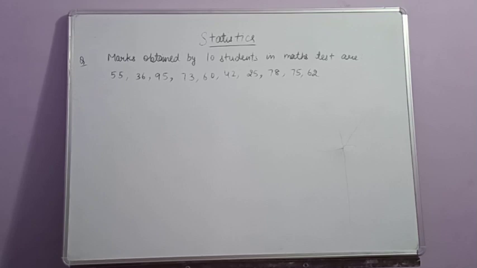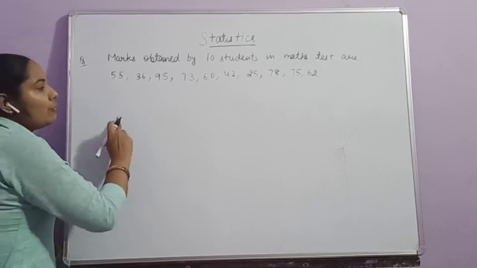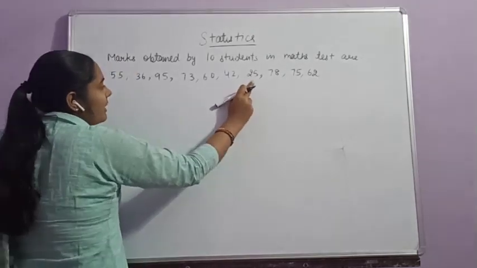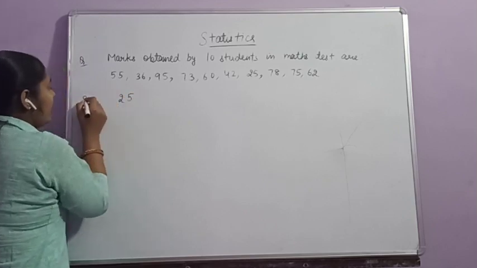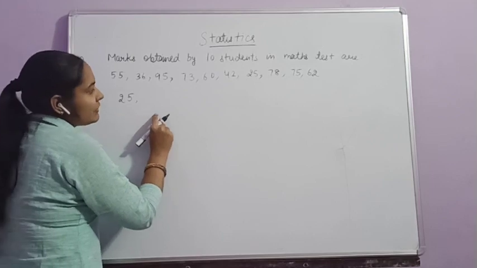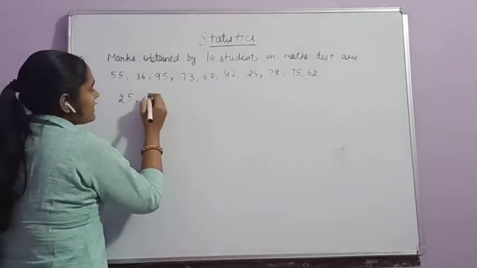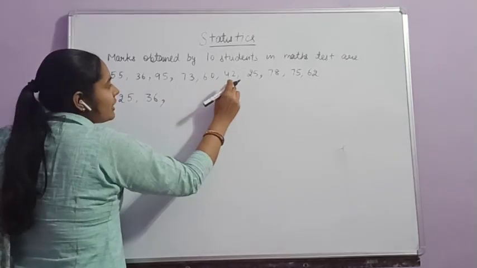To find its range, firstly we arrange the data in ascending order. That is, firstly we write smallest number. Here smallest number is 25. Then number greater than 25, that is 36. Next is 42.